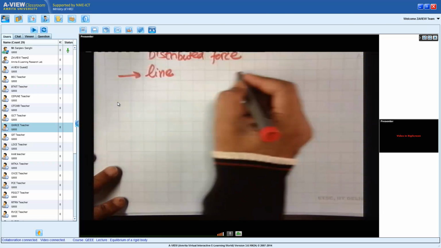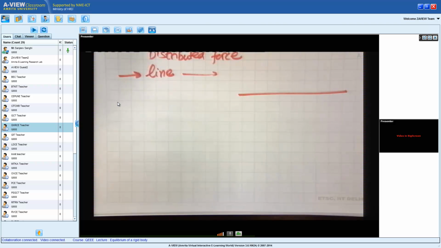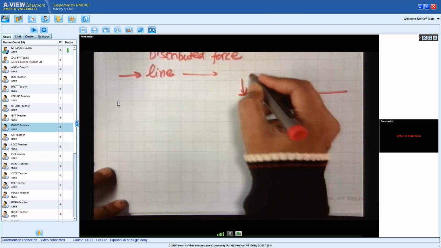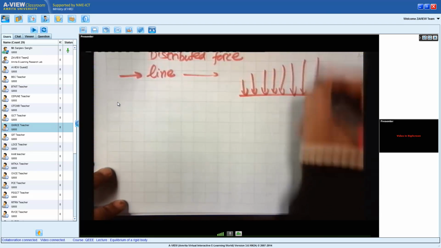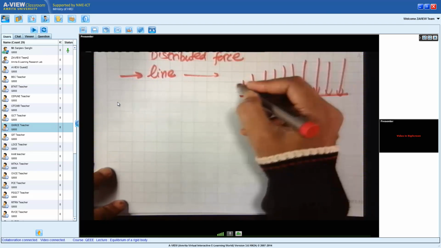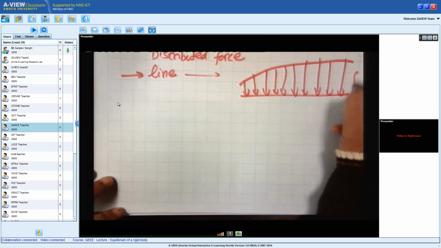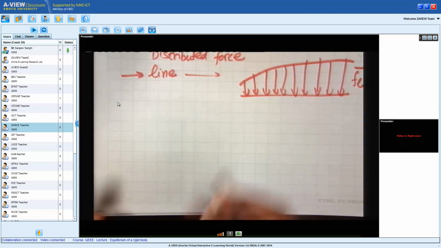This force, that means there is, let us say, what we call a beam, a single line element on which force is acting, and this force is continuously acting at all points, and this need not be constant, it could vary. So now here, this force is what we call a distributed force. I use the symbol F sub L.